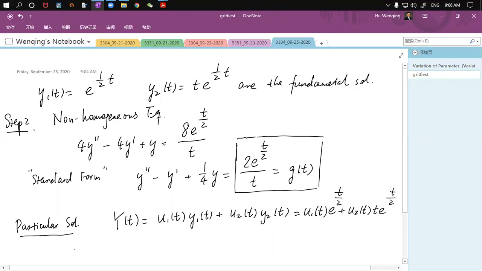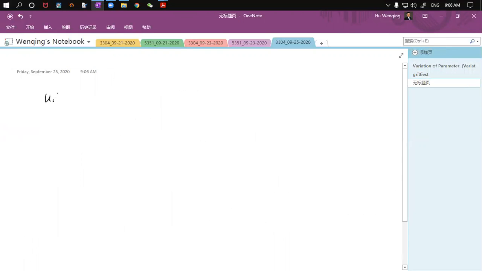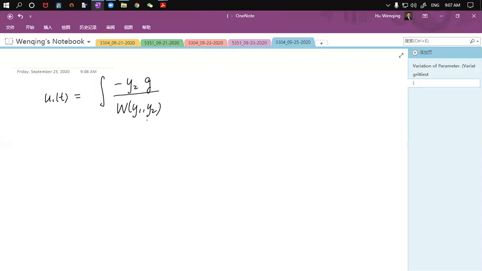Where the u1, u2, remember, they follow certain formulas, right? If you remember the formulas we talked about in the last lecture, u1 is minus y2 multiplied by g divided by the Wronskian of y1, y2. We've been talking about the rules for how to memorize this formula. The Wronskian must be in the denominator because it is not equal to 0.